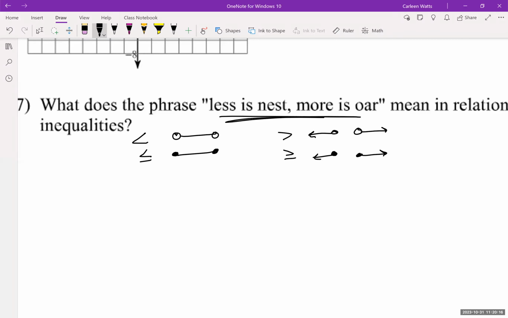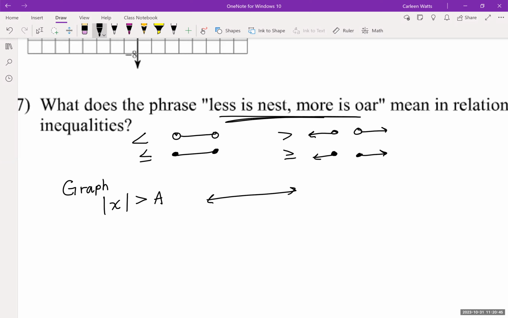There's a possibility you're going to see a problem on the quiz that says graph. What does it look like? It might be multiple choice.